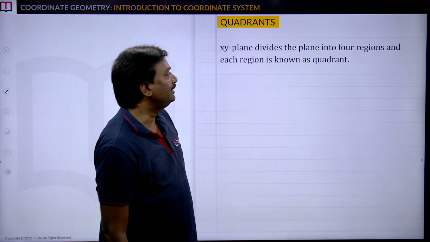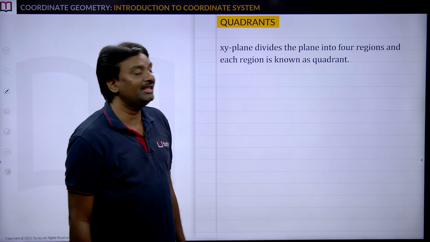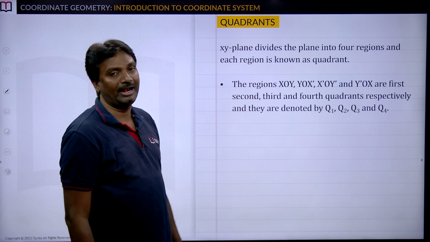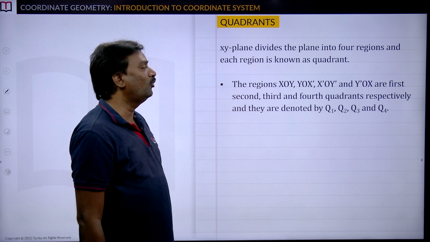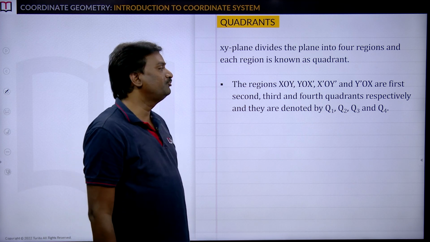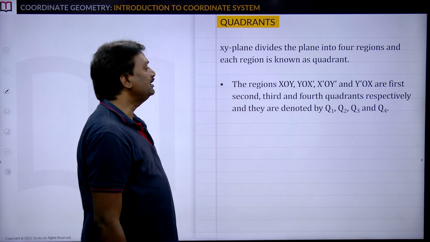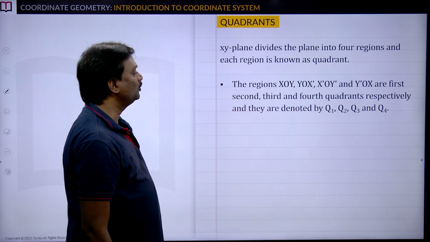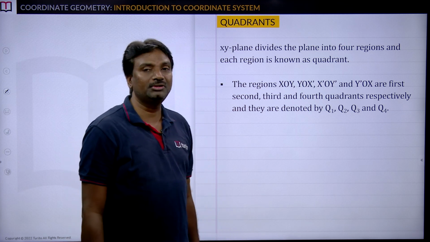The regions XOY, YOX dash, X dash OY dash and Y dash OX are the first, second, third and fourth quadrants respectively, and they are denoted by Q1, Q2, Q3, Q4.